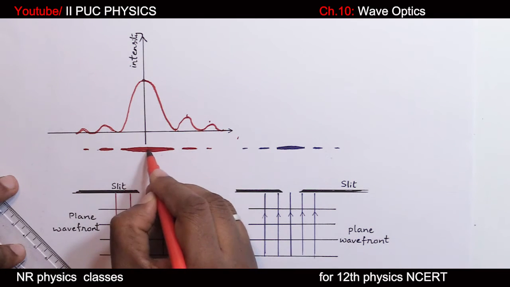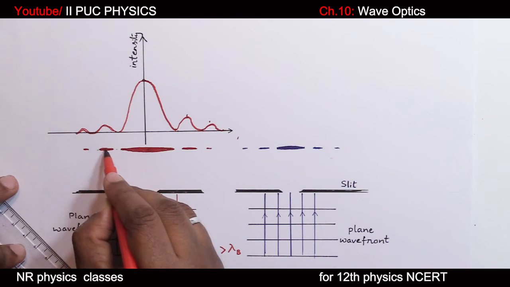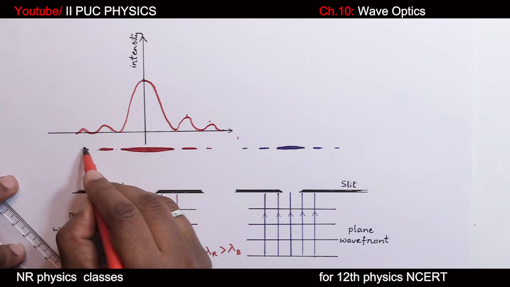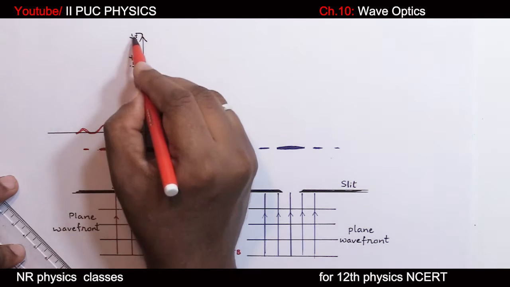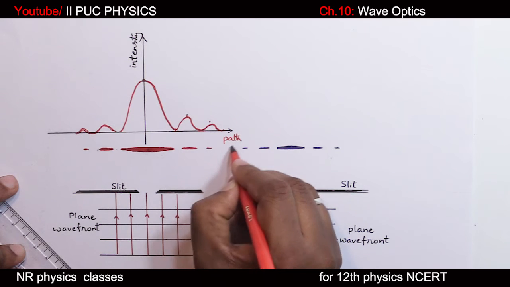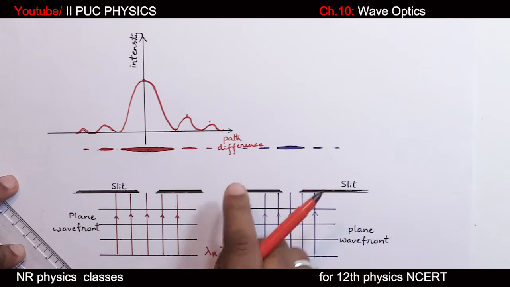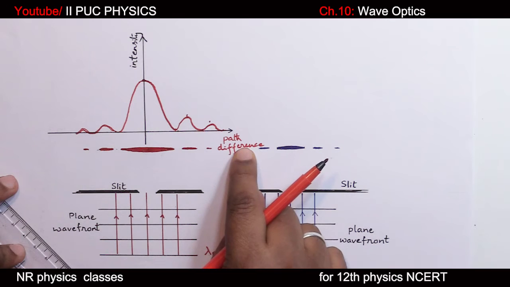Similarly on the other side. So it's a graph of intensity versus path difference. Let me write path difference. I'll explain this later.